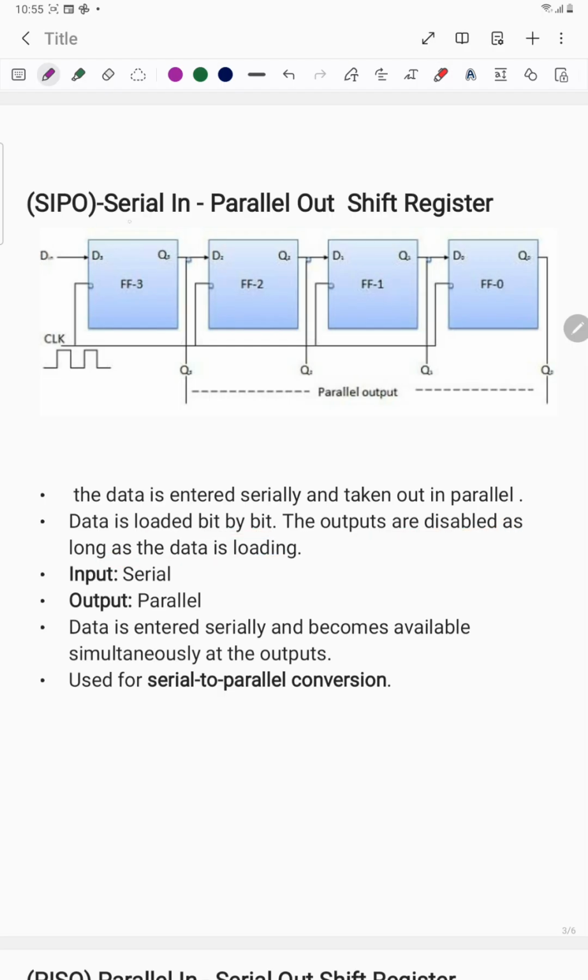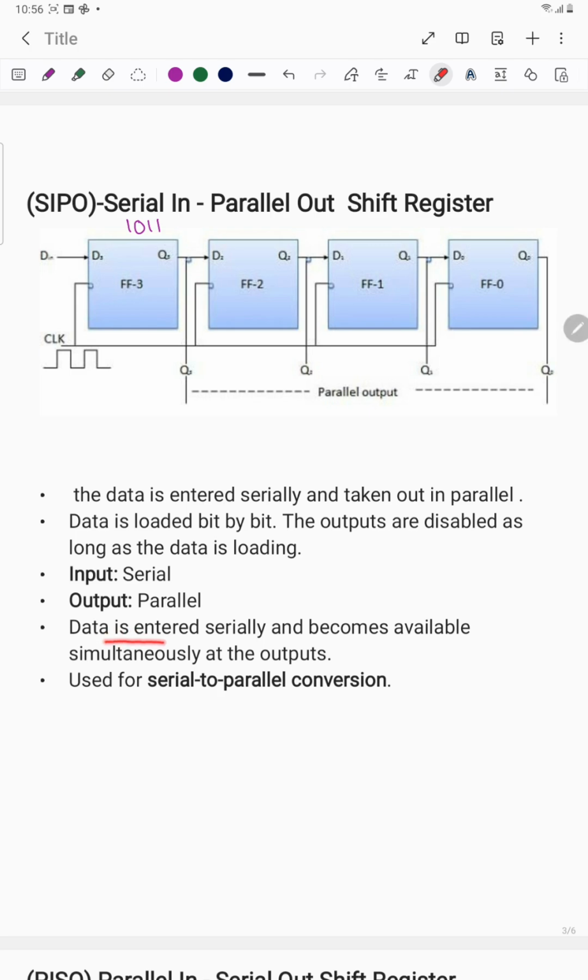Here, 1011: the input is taken as serial and the output as parallel.